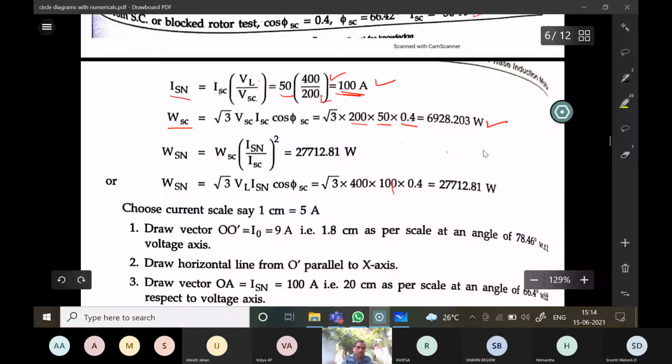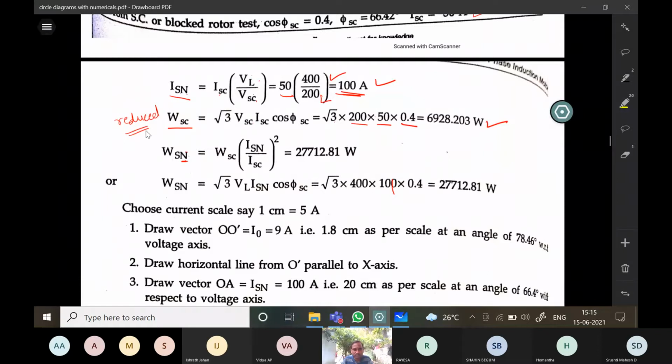Similarly, you have calculated ISN, right? Now we need to calculate WSN, the short circuit power under normal condition. We cannot draw with WSC and ISC, because these are for reduced voltage, that is 200 volt, so it does not give the full information.